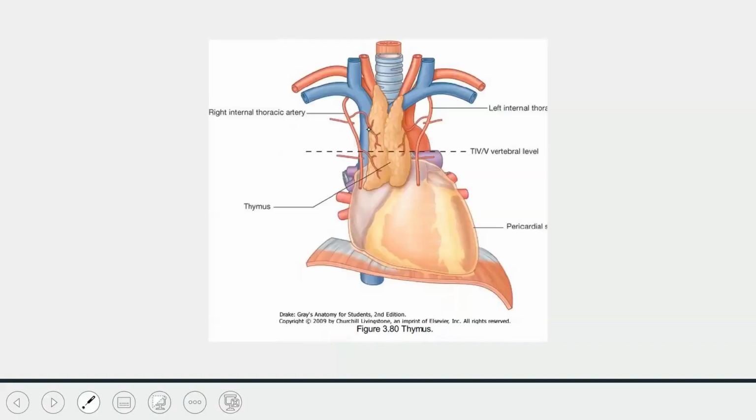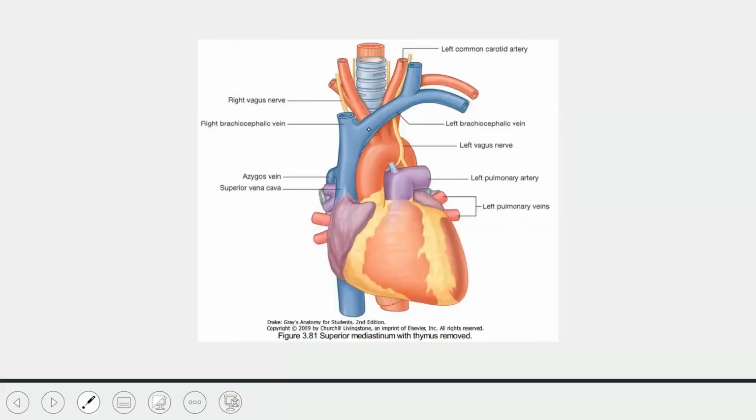Here, this is the vagus nerve. On the left side, the left recurrent laryngeal nerve crosses more medially below the arch of the aorta. But on the right side, it crosses below the subclavian artery here.